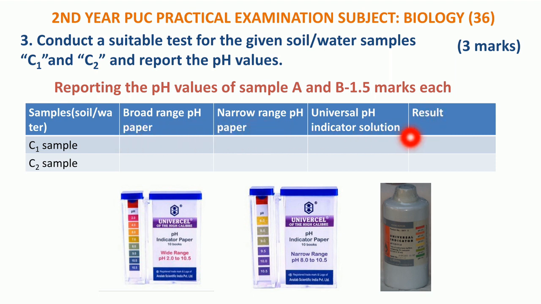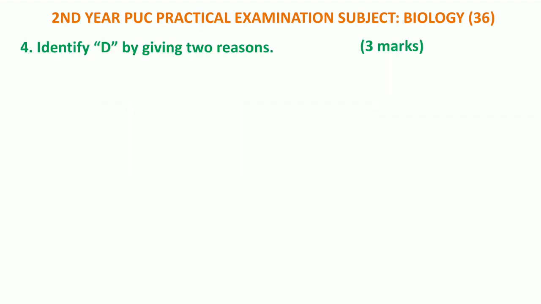But for this question, for the C1 sample you get 1.5 marks, and for the C2 sample you get 1.5 marks, totally 3 marks.